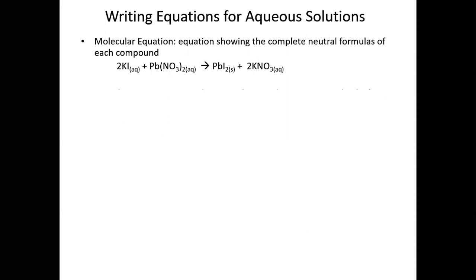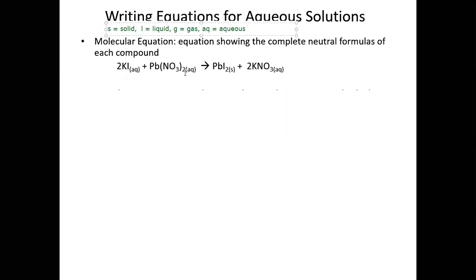Just to recap, the subscript S means solid, L means liquid, G means gas, and AQ stands for aqueous. These are the different states that you can have for reactants and products.